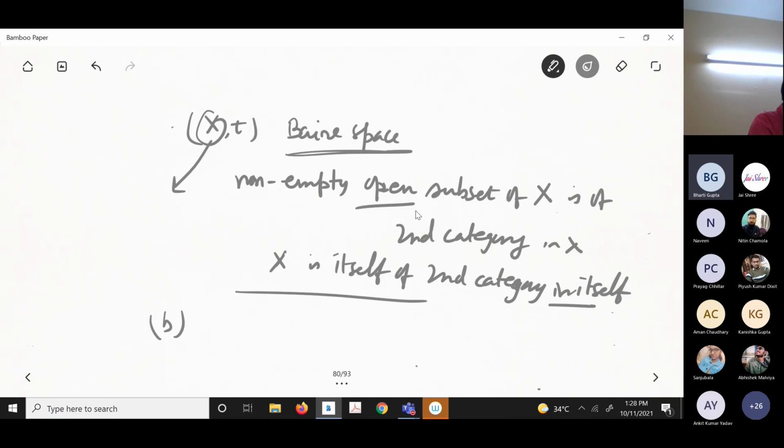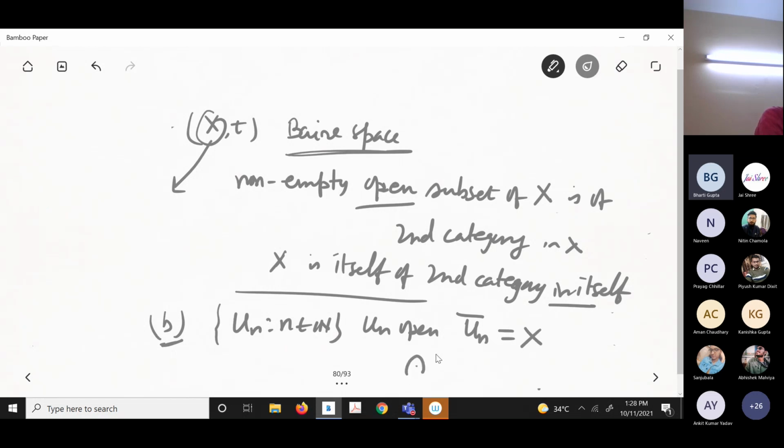In fact, I am telling you, topologists prefer A as the definition of a Baire space, whereas analysts prefer B as the definition of a Baire space. So you should look at B, the intersection of any sequence of dense open sets. That means if you have U n, a family of open sets, each U n is open and each U n is dense.